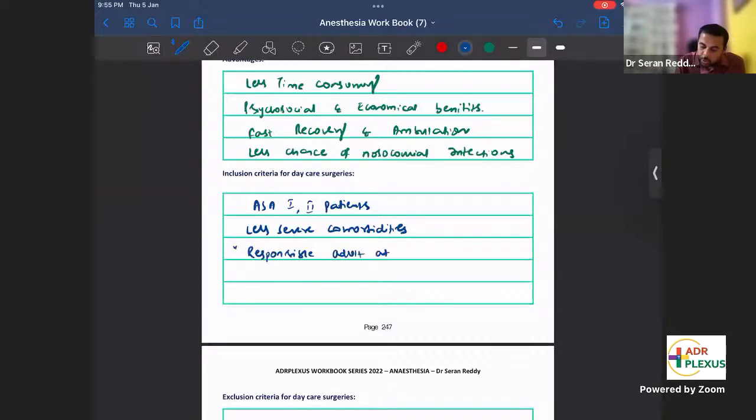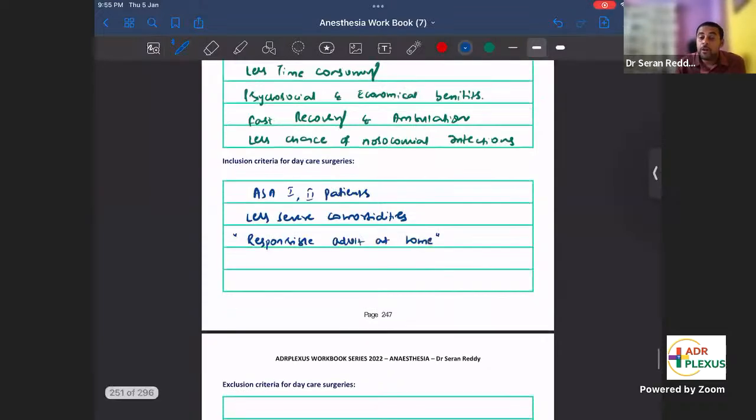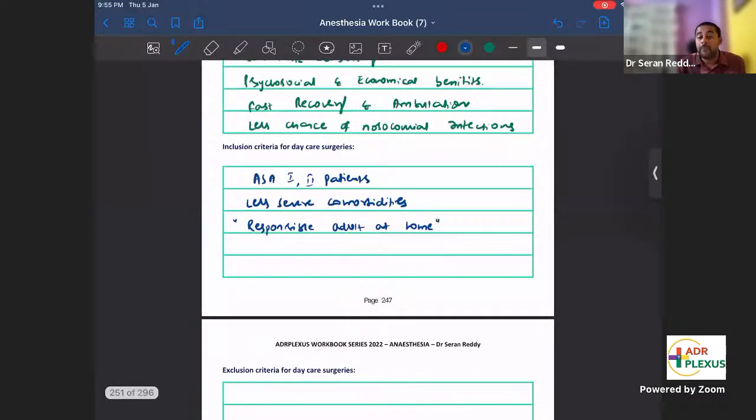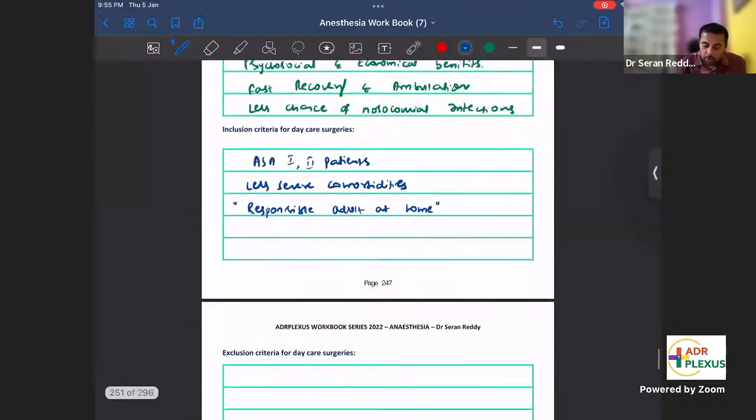Once you discharge the patient to home after daycare surgery, there should be a responsible adult at home, to bring the patient back if something happens. The duration of surgery should be less than 90 minutes, and procedures should have less post-operative complications.